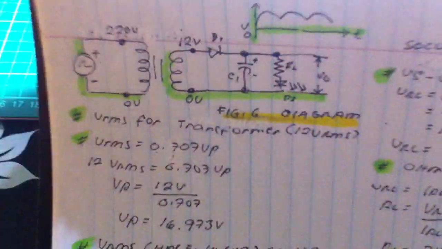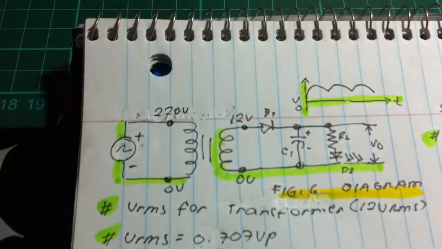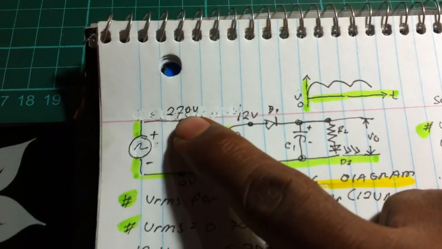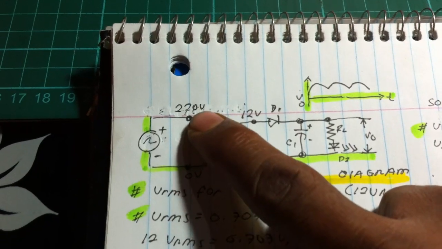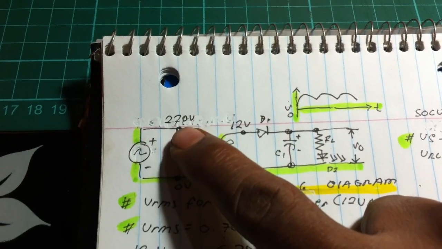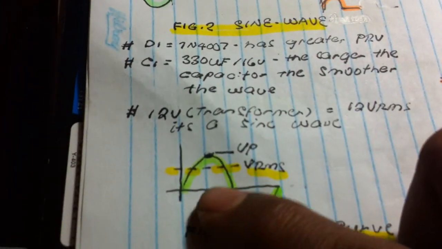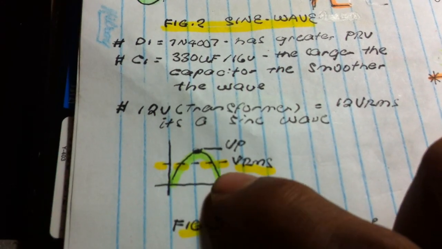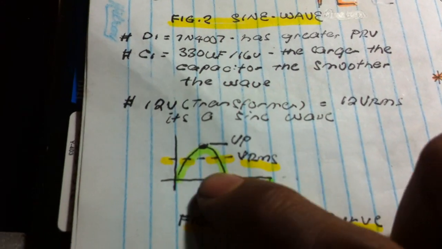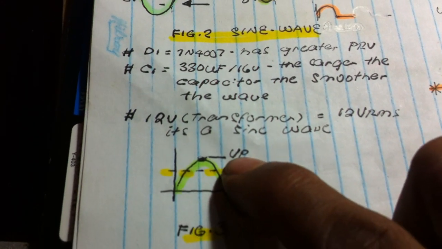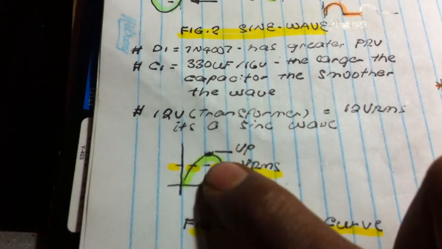Okay, let's analyze it again. We have now the 220 volts VRMS. What I mean by VRMS is located at this sine wave form. VRMS is located somewhere here. Voltage peak is located at the peak.